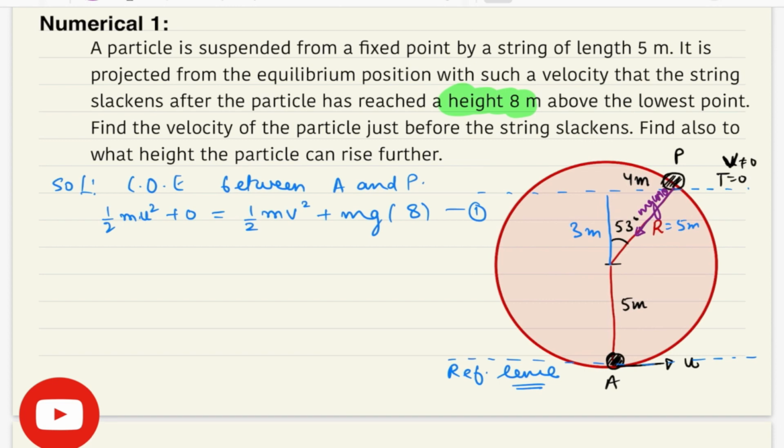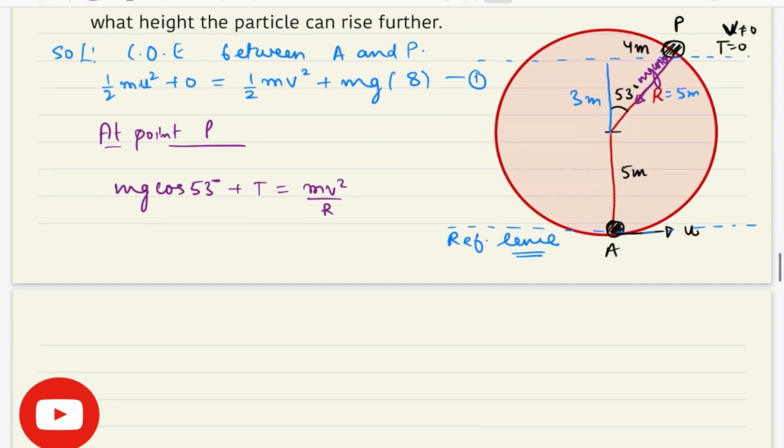So I can write at point P, mg cos theta, where theta is 53 degree, plus tension equals to mv square upon r. But at point P tension T becomes 0. So we will substitute T equal to 0. We will get mg cos 53 degree equals to mv square upon r.